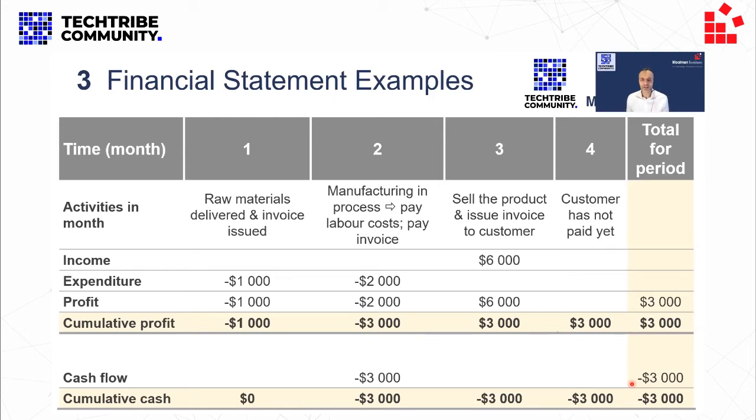If you depend in your business on one big customer, let's say, and that customer goes bankrupt at the point where they still owe you a lot of money, or they just delay payment, and your suppliers are calling and saying, pay us immediately, or we're going to stop delivering raw materials because you haven't paid us, and you are stuck because your customer hasn't paid you yet. That's all to do with the cash flow health of your business. And that illustrates why it's so important to keep an eye on that and manage that well.